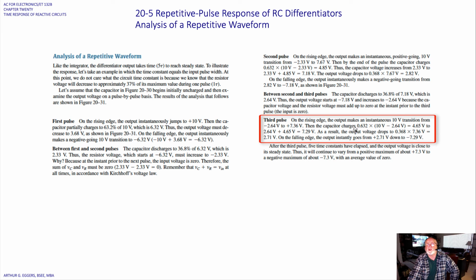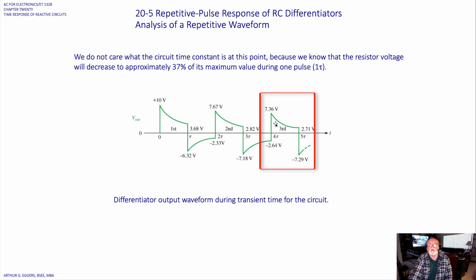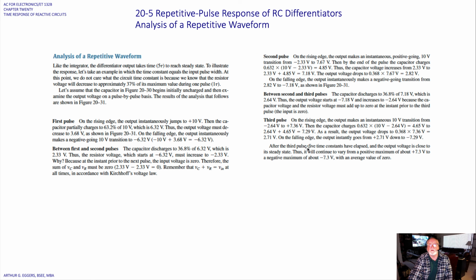Then the capacitor charges 0.632 times the difference between 10 volts and 2.64 volts, which gives us 4.65 volts, so 2.64 volts plus 4.65 volts, or 7.29. As a result, the output voltage drops to 0.368 times 7.36, which gives us 2.71. So we're here now at the third pulse.